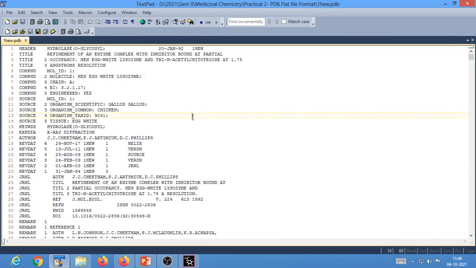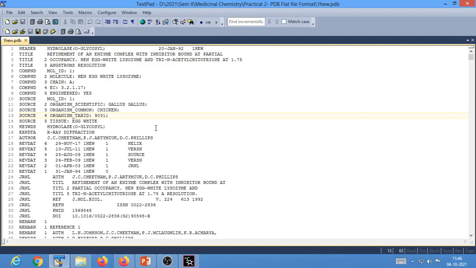Now let us focus on what information is provided in such an annotation section. Usually, annotation sections are present at the very beginning of your PDB file.